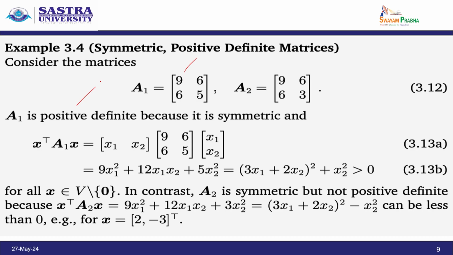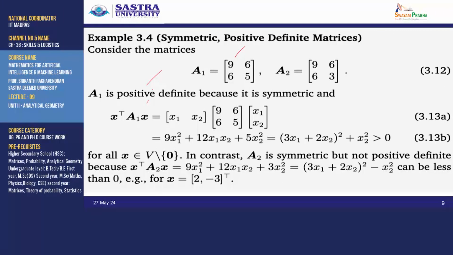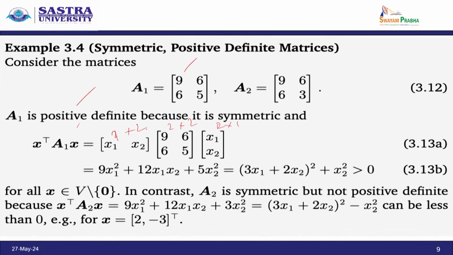Take x transpose A1 x, which equals [x1 x2] times [[9, 6],[6, 5]] times [x1 x2] transpose. Here, it is a 1 by 2 row, a 2 by 2 matrix and a 2 by 1 column, so matrix multiplication exists and a 1 cross 1 matrix will come, that is, only one expression results. So, 9 x1 square plus 12 x1 x2 plus 5 x2 square.